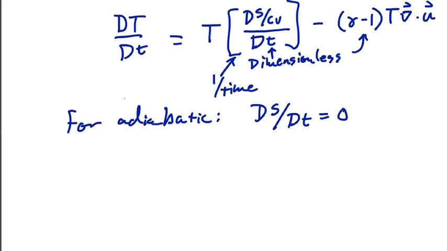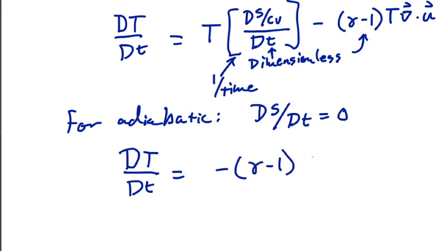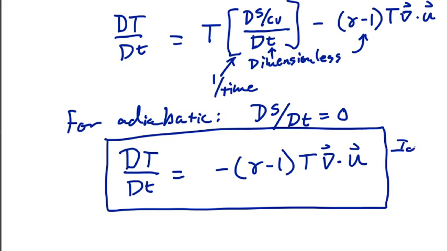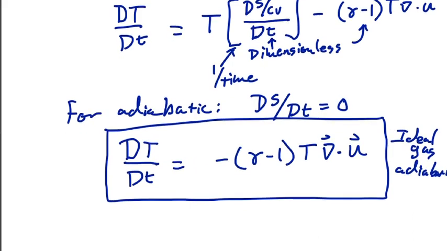And in that special circumstance, for an adiabatic ideal gas, we obtain that dT dt is equal to minus gamma minus 1 T div u. This is for an ideal gas with adiabatic motions. And otherwise, we've just used the first and second law of thermodynamics to get ourselves here.